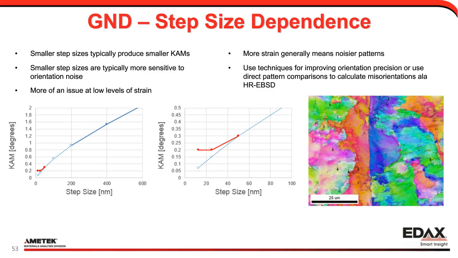This is more of an issue at low levels of strain. The other challenge is that more strain generally means noisier patterns, so our precision also drops off as we have more strain. If this is really a big issue in your material, then you should probably try the HREBSD techniques I referred to at the beginning of this presentation.